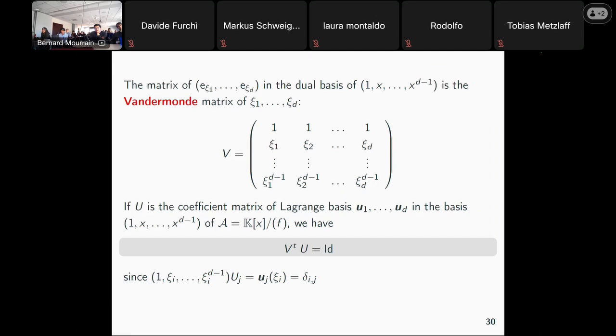This says that when we evaluate Ui at cj, it's 0 when i is different from j, and it is 1 otherwise. So this gives the relation: V transpose times U is the identity.